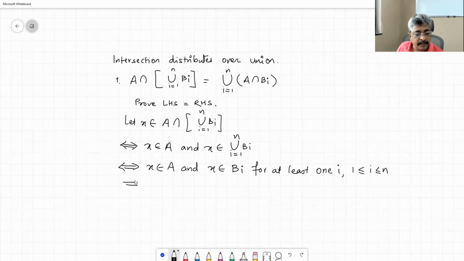What does it mean? It means x belongs to A intersection B_i.